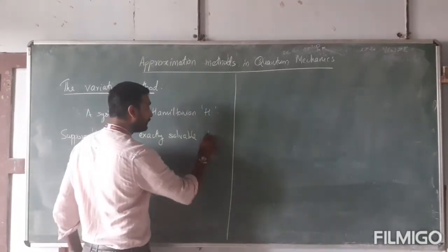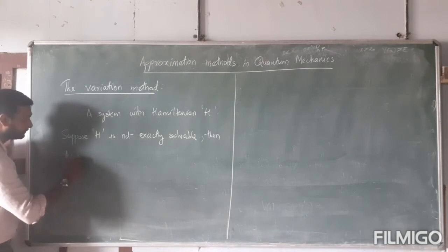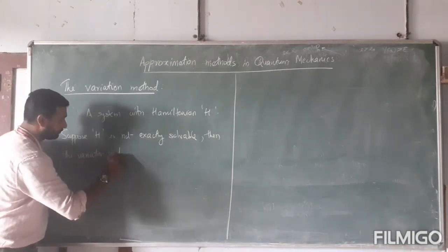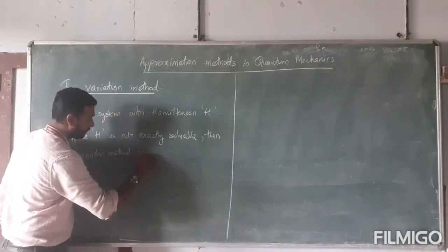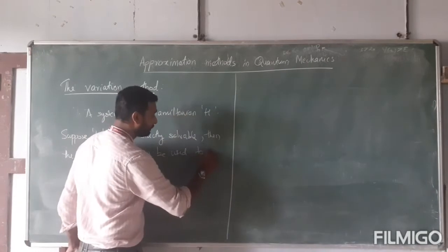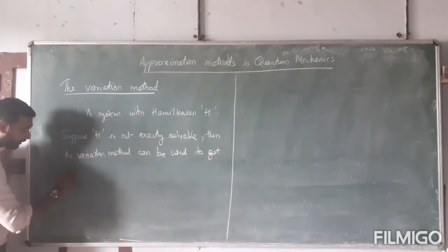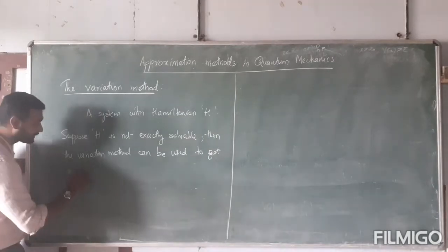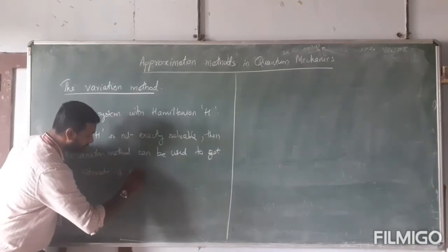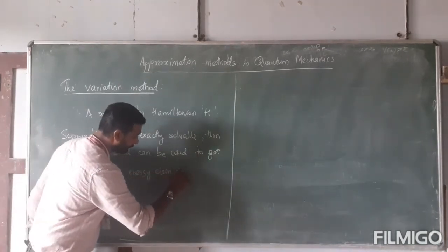Then the variation method can be used to get an estimate of, because we will not get the exact value, an estimate of the energy eigenvalues.